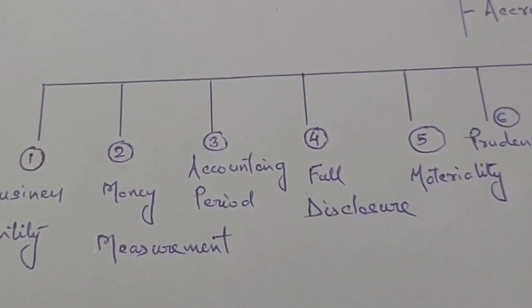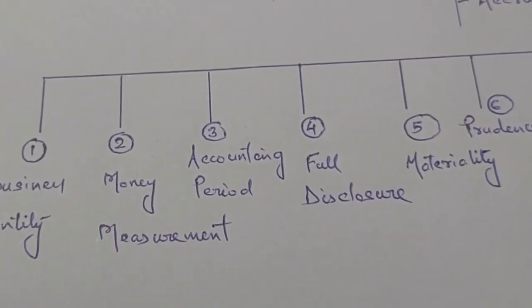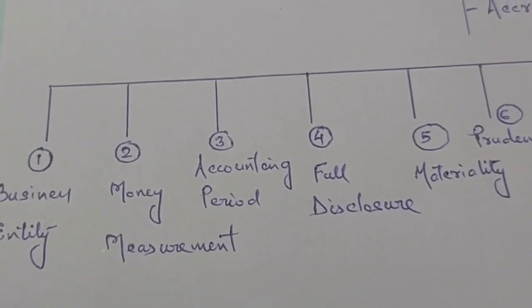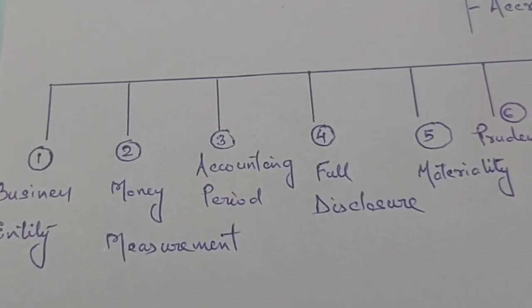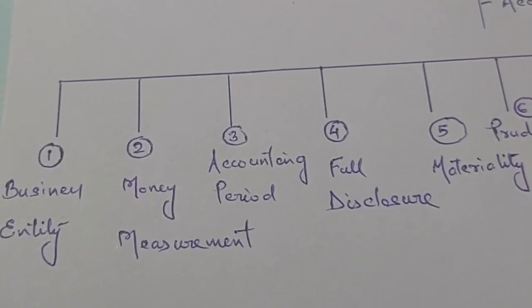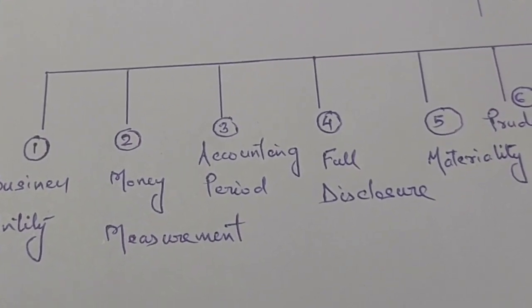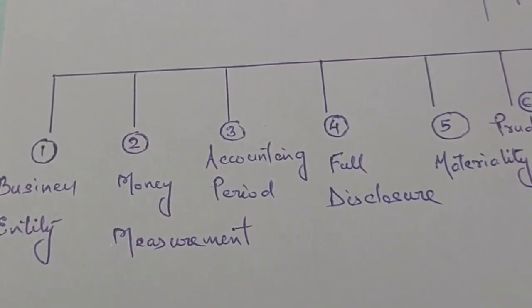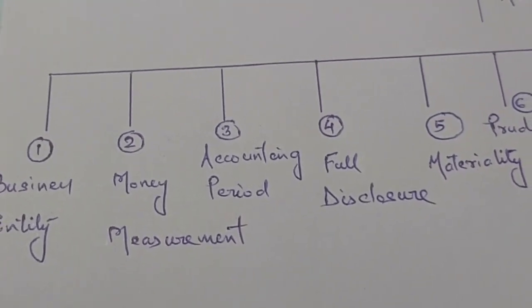What does business entity mean? Business entity means that a business and the owner of the business and all other stakeholders, like the creditors, those who have given a loan to the firm, or suppliers, or buyers of the business, those who are purchasing goods from the business, all are separate.